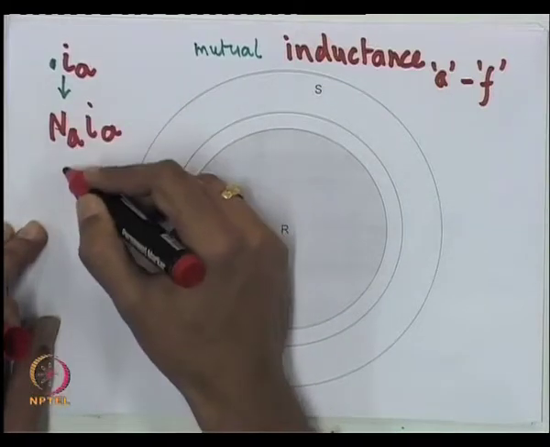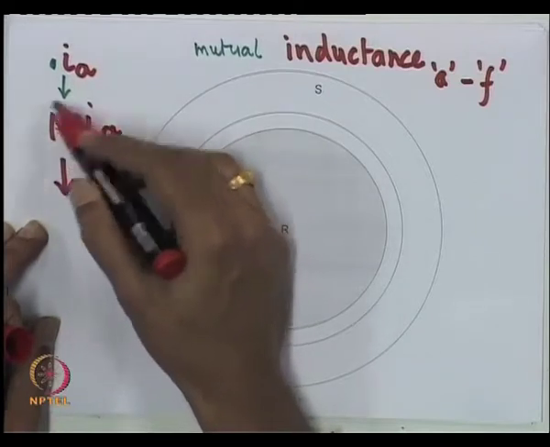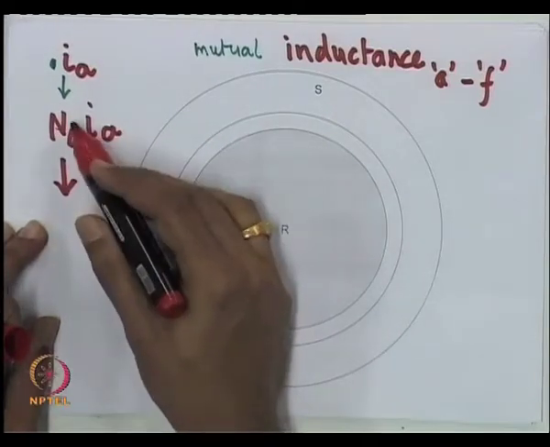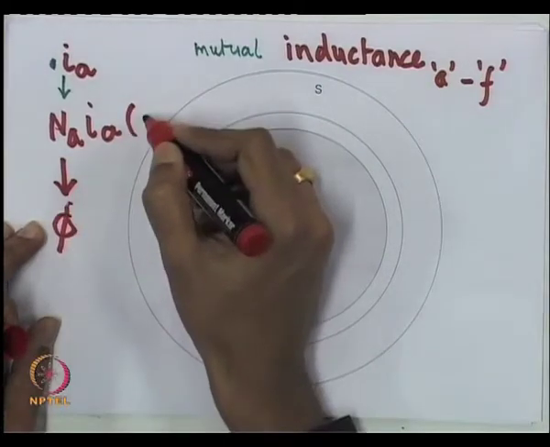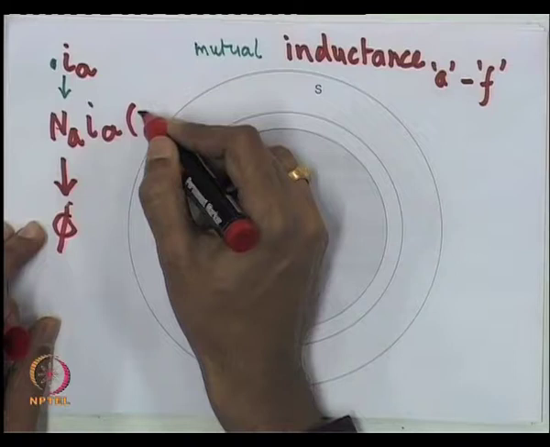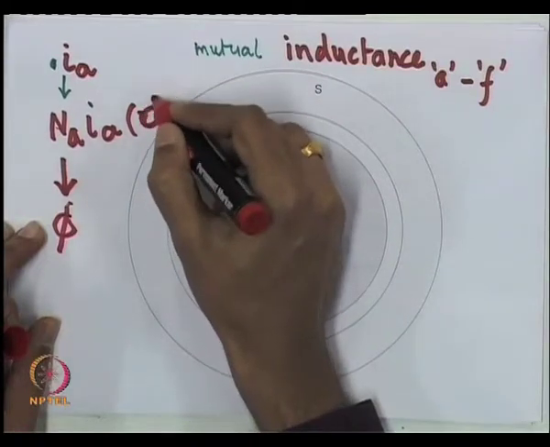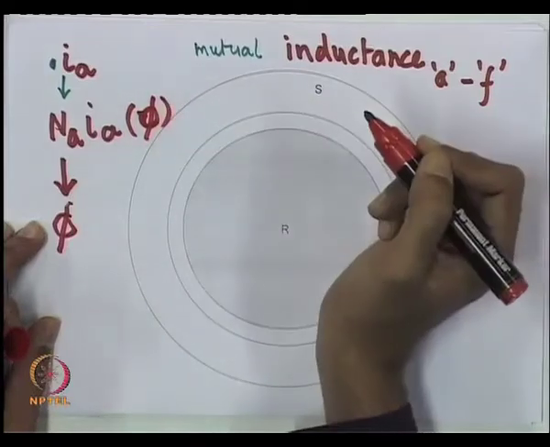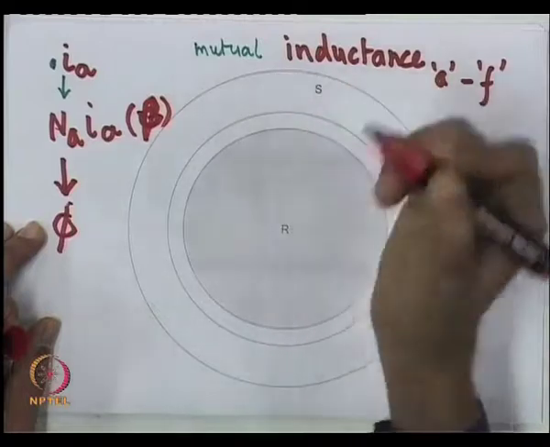This MMF, proportional by some constant NA into IA, will cause some flux, but this is a function of the angular position. Let us call this angular position beta.